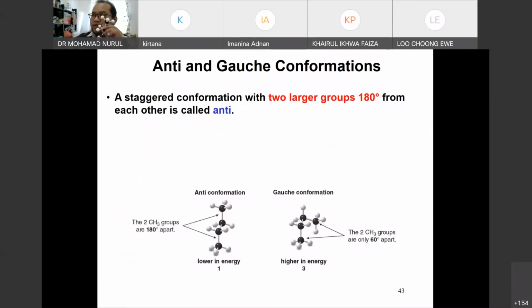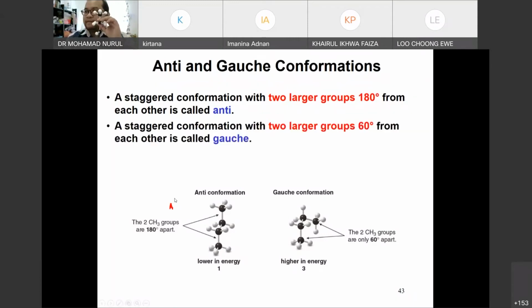For the staggered conformation with two large groups at 180 degrees, referred to as structure A, we call it anti, because the bulky groups, the two CH3, are 180 degrees further apart. The staggered conformation with two large groups at 60 degrees, like this, is still staggered but we call it gauche.